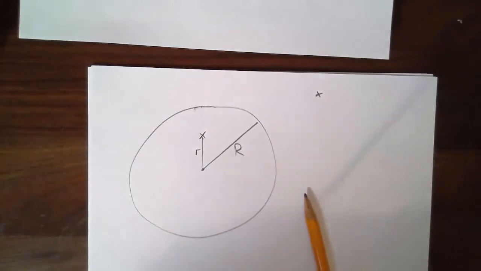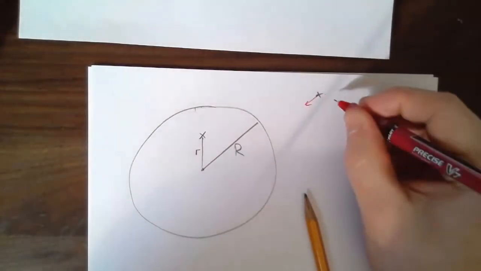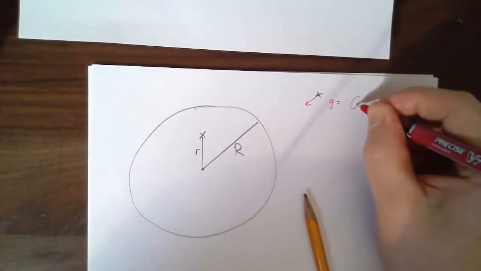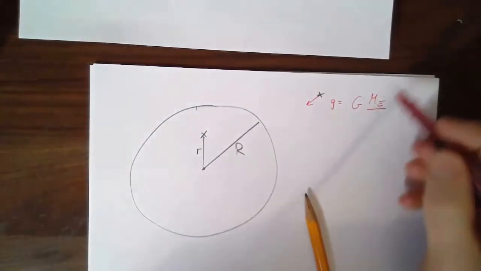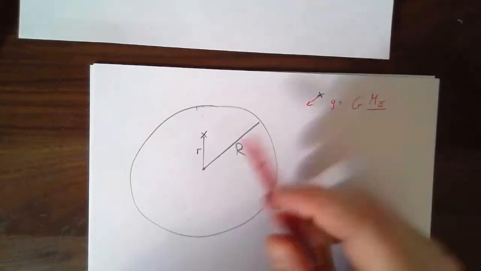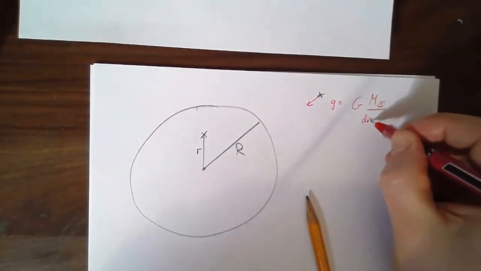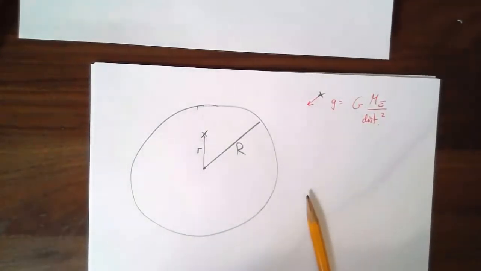So the gravitational field here, which is always attractive, would be G, mass of the Earth, divided by distance squared. Distance to the center squared.